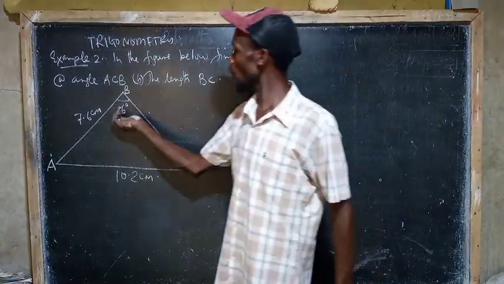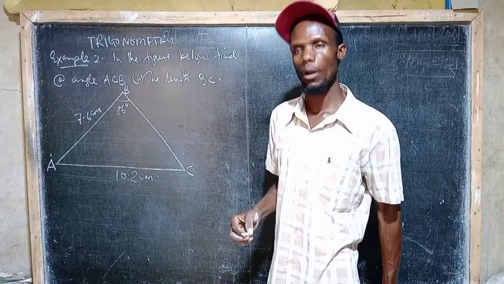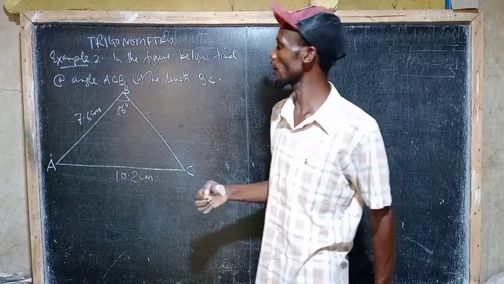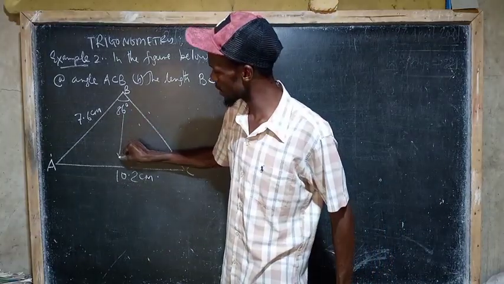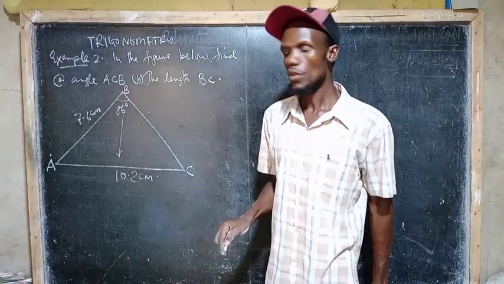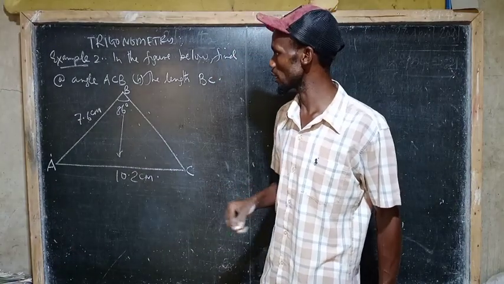So one angle with two known sides, the sine law can be applicable and can be definitely used to calculate what is missing. As you can see, this side is an opposite of this angle. So we can definitely use this one to calculate what is missing.